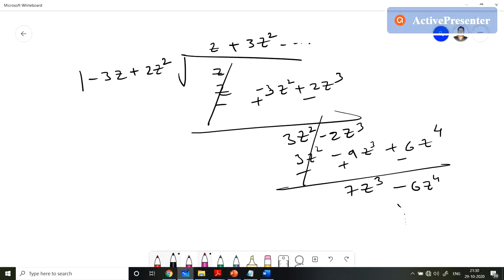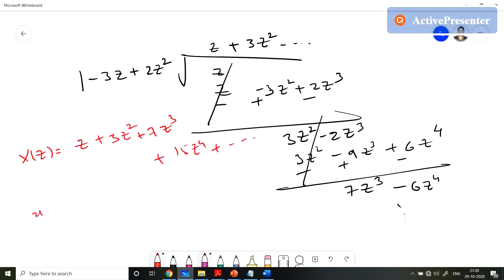So X(z) is written as z plus 3z square plus 7z cube plus 15z raised to the power 4 plus dot dot dot.